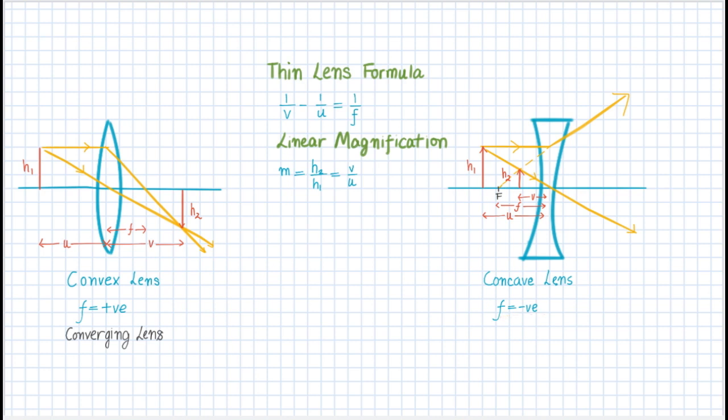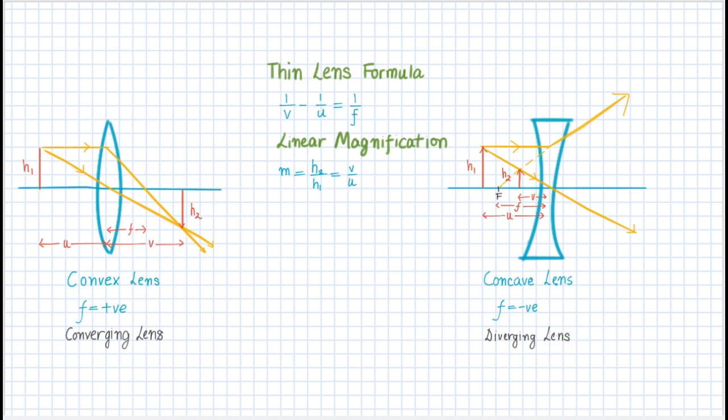So if the light diverges and the focal length is negative, then what kind of lens will you call this one? We can call this one a diverging lens.